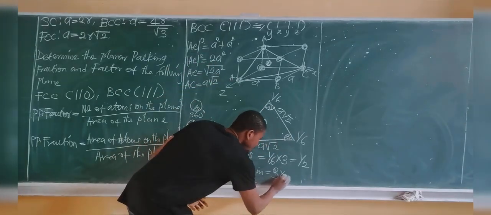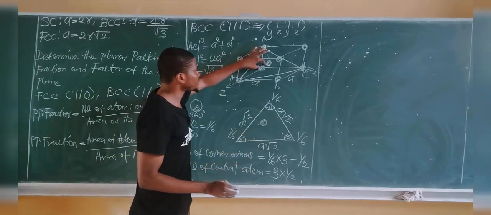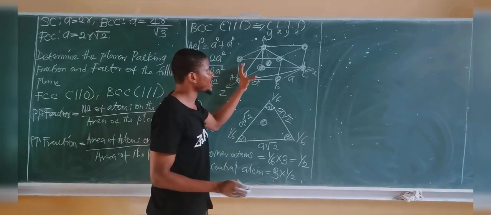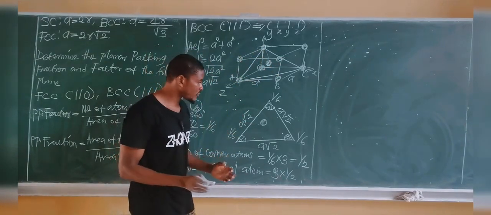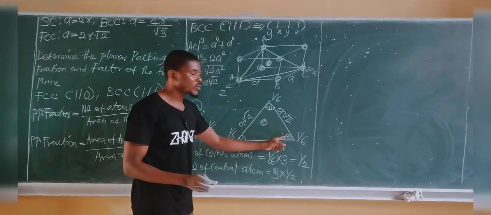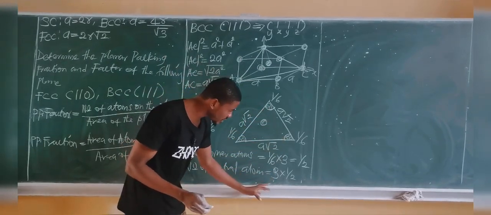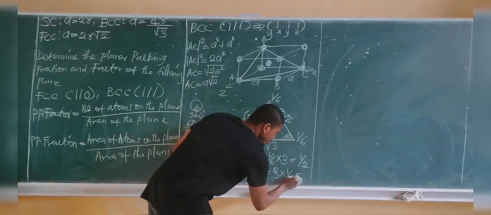So it becomes 3 times 1 over 2. Each of them is sharing half. So the central atom is giving out half of it to each of these faces. Therefore, this central atom is giving out half of its face to 1, 2, 3 corner atoms. So this becomes 1 over 3 corner atoms multiplied by 1 over 2, which is actually what?